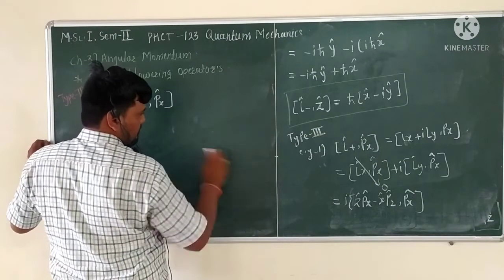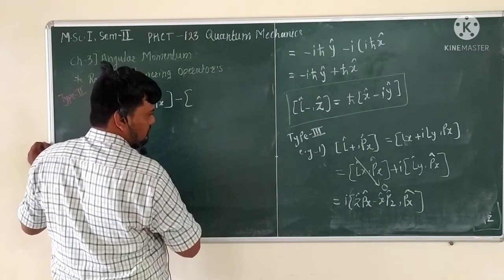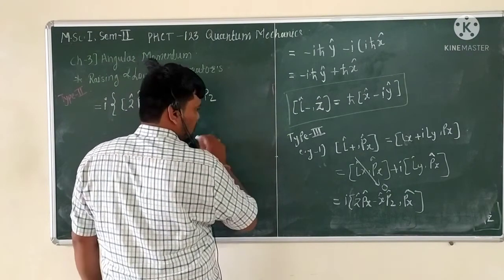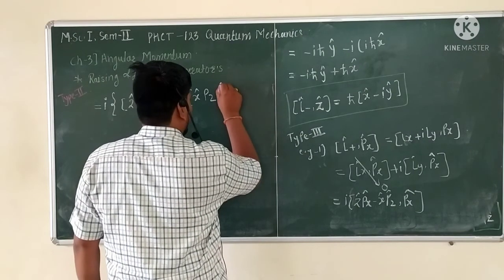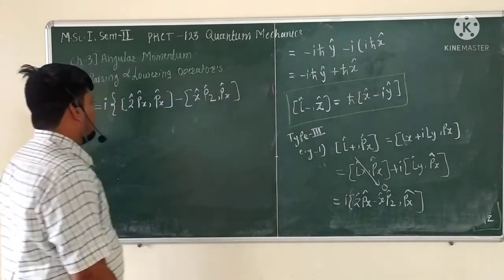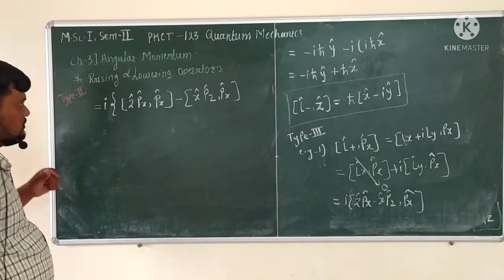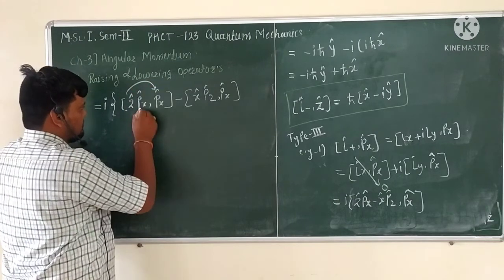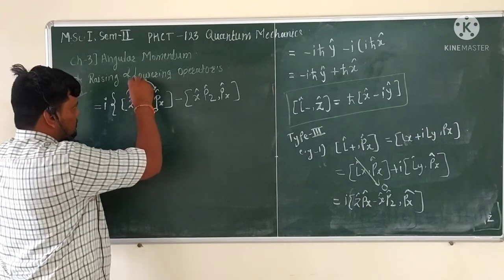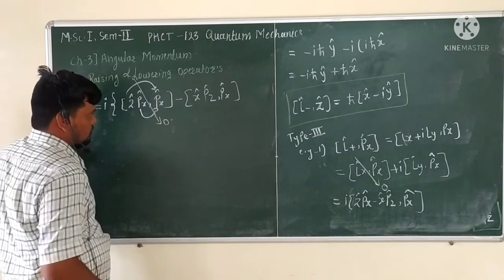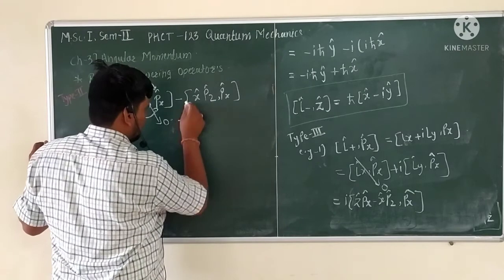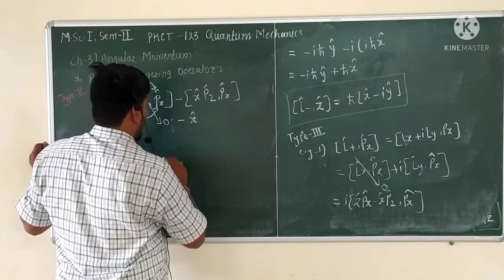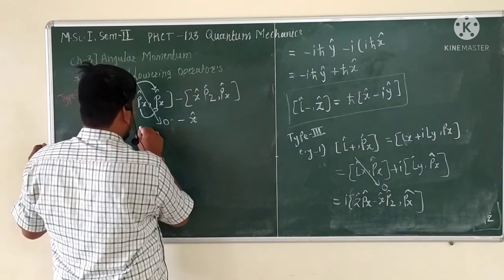Again, in between there is a minus sign, and here [x cap Pz, Px cap]. You see the commutation of z cap with Px, and Px with Px, so the final result is 0. Again we want to solve the remaining commutator bracket: x cap, and here i is taken outside.